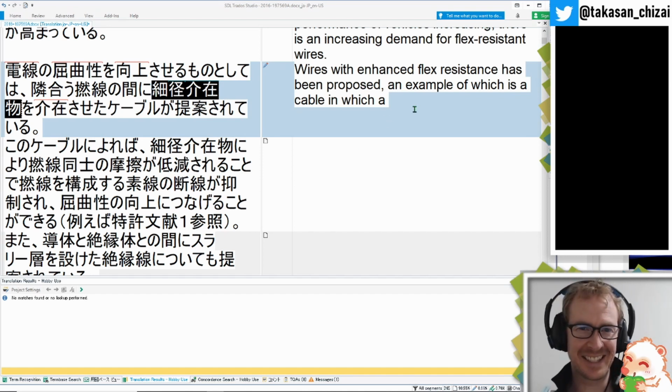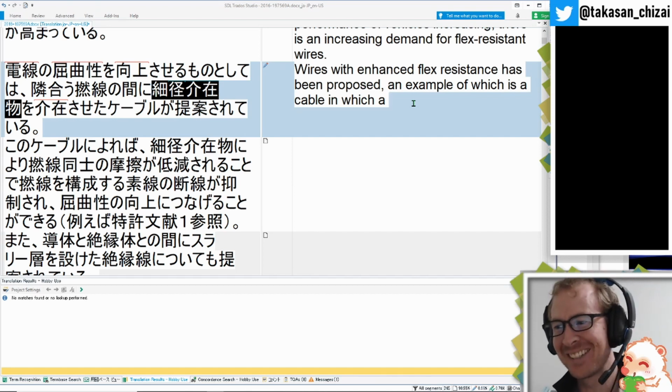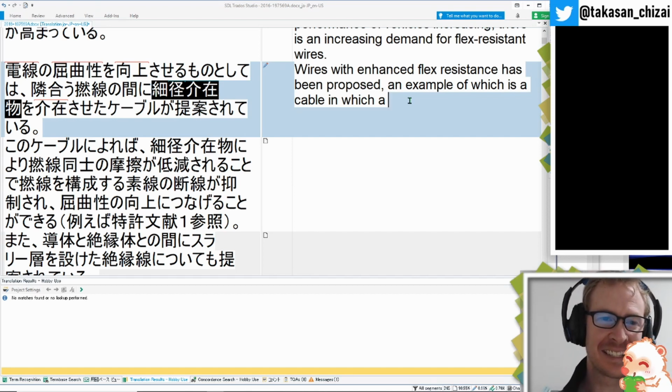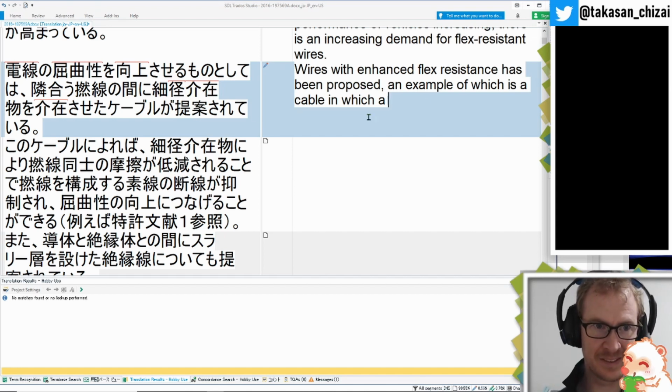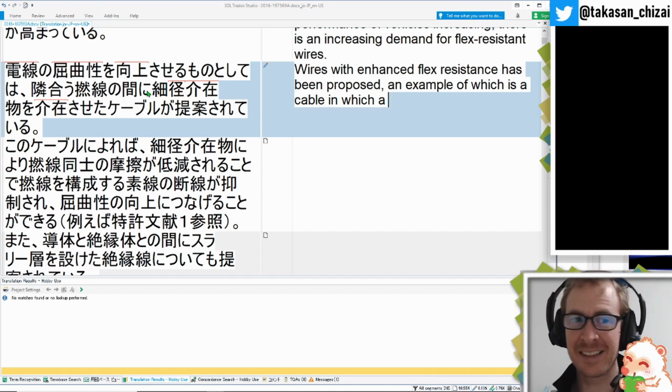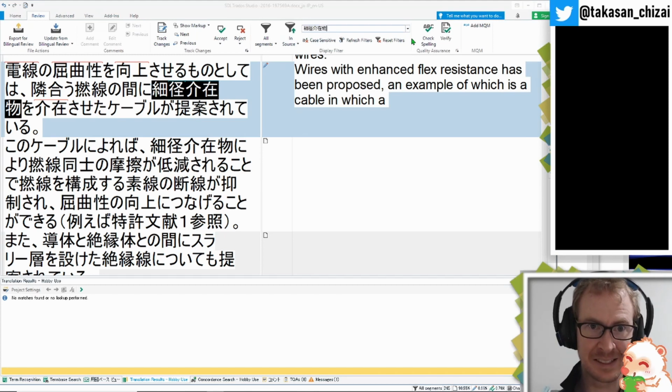Okay, how are we going to translate this? I doubt there's one word to translate this into English. I don't think you get one word. So we're just going to spell it out. Before I do that, let me check that this word doesn't appear often in the specification.